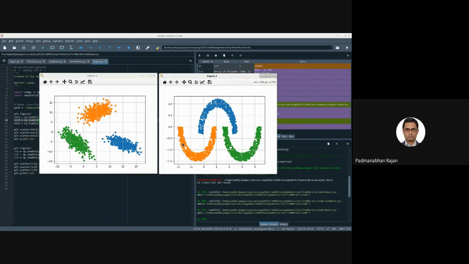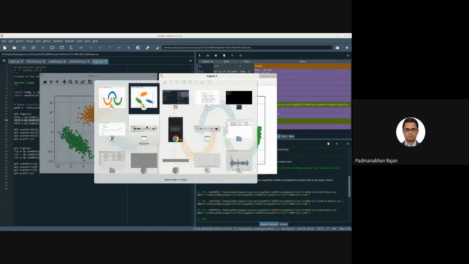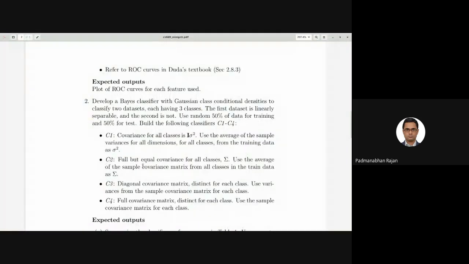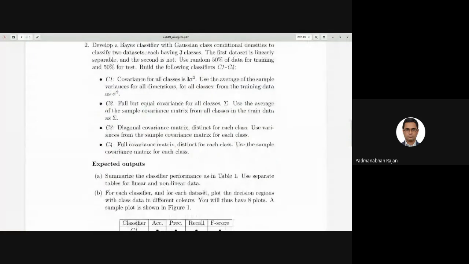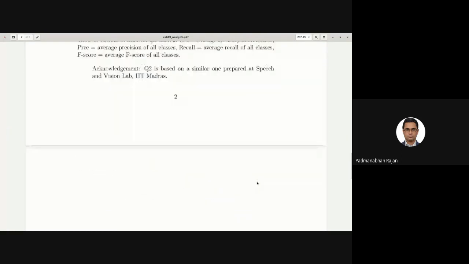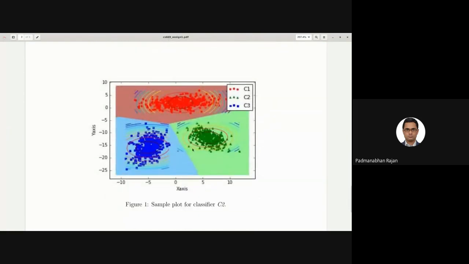So you have to build four classifiers, C1, C2, C3, C4, and plot the decision regions with the class data in different colors. Since there are two data sets and four classifiers, you will have 8 plots, and this is a sample plot. This is some other data, but similar. This is linearly separable data, three classes, three different colors, and these are the decision regions.